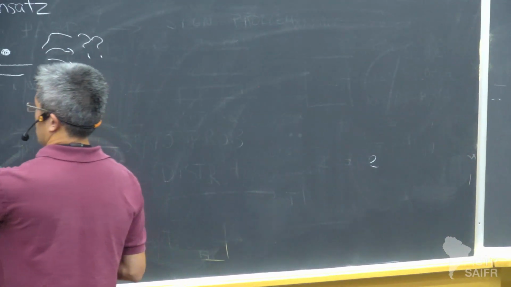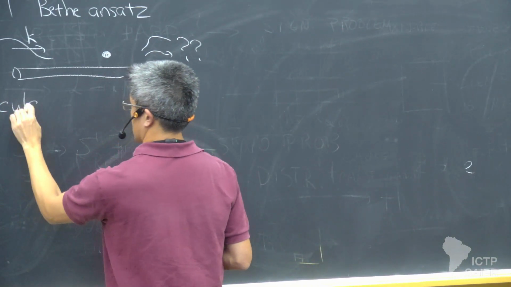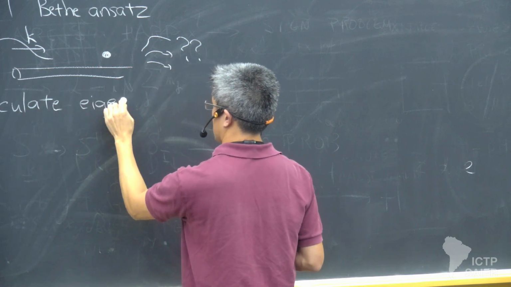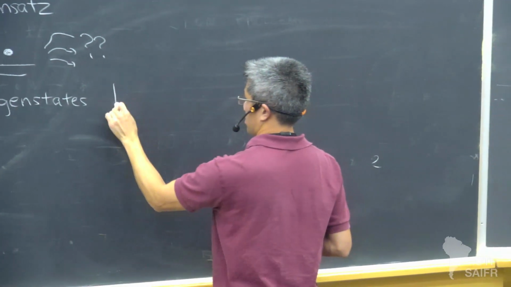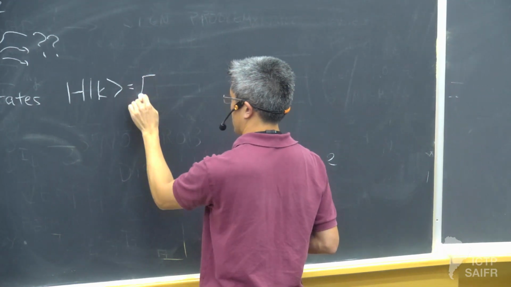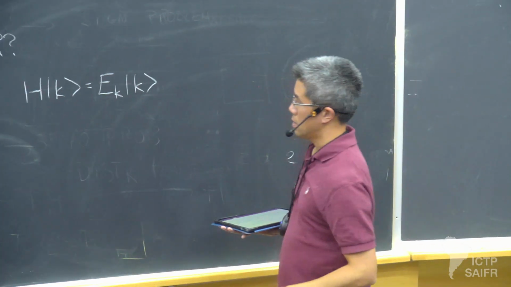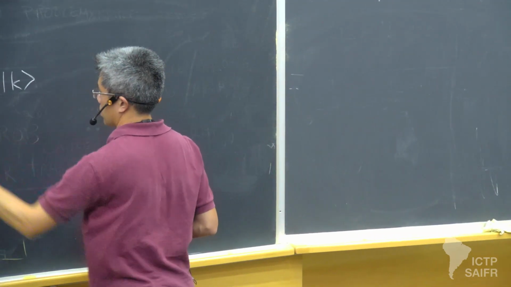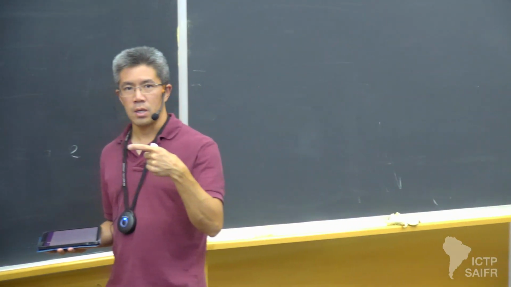Okay. So what we'll want to do is calculate eigenstates, and see that we can solve a problem like this. Where this k, I'll just for this equation put in quotes, because k will not be just a free photon.